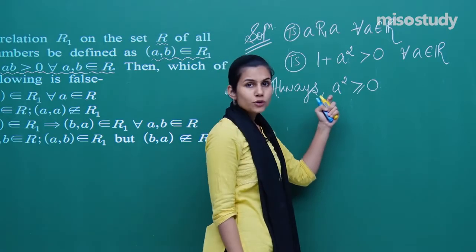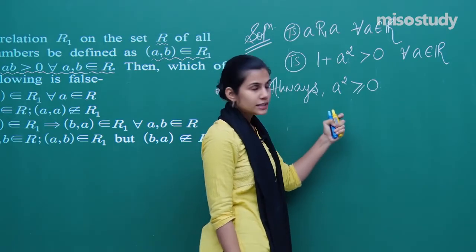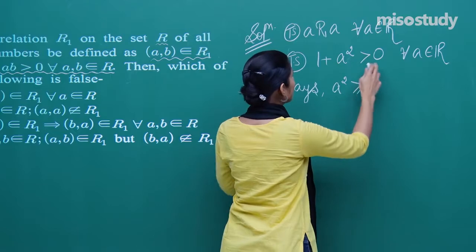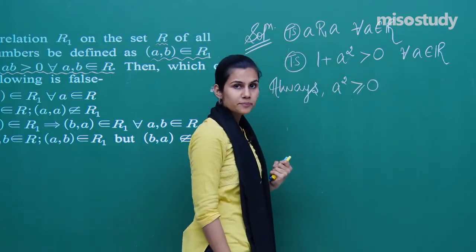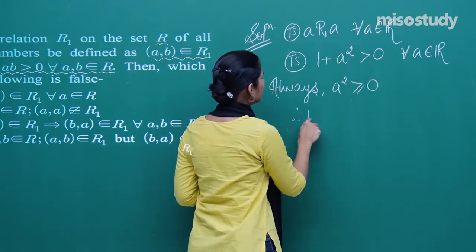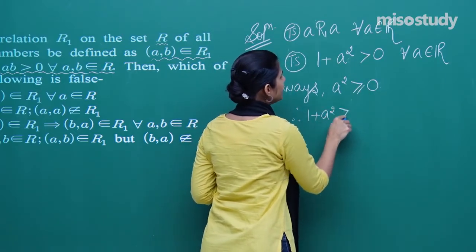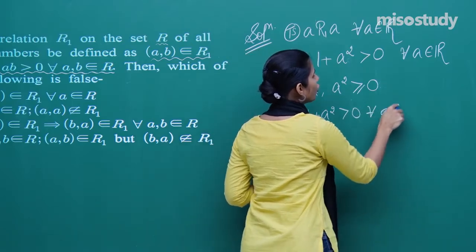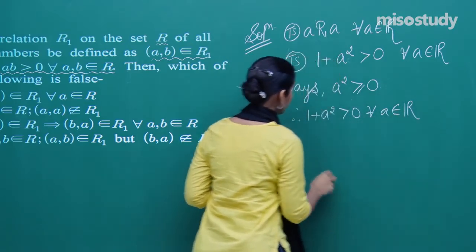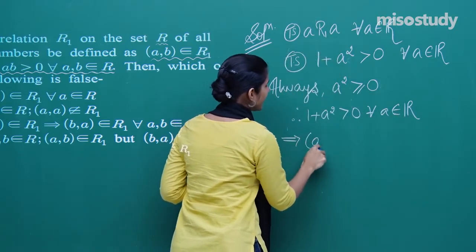So if you add 1 to a non-negative term, you are always going to get a strictly positive term.